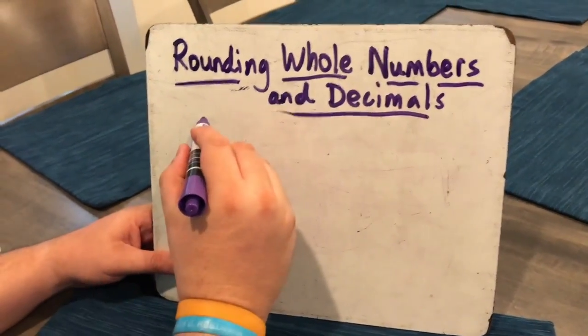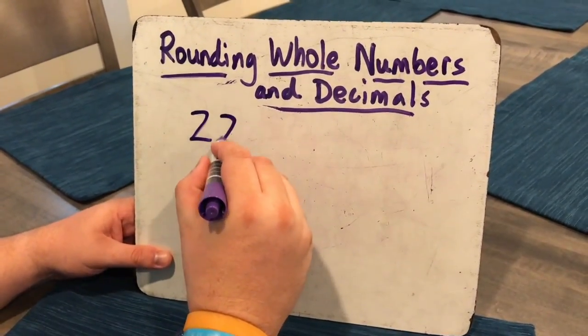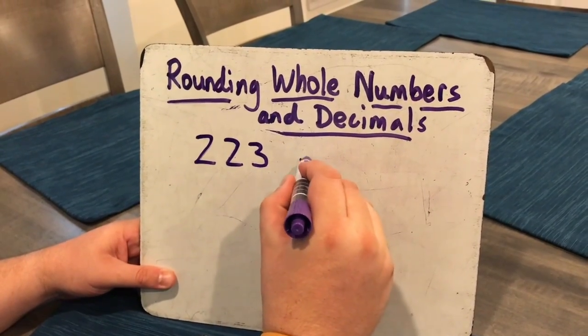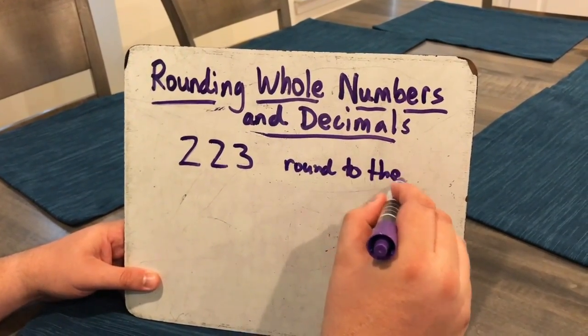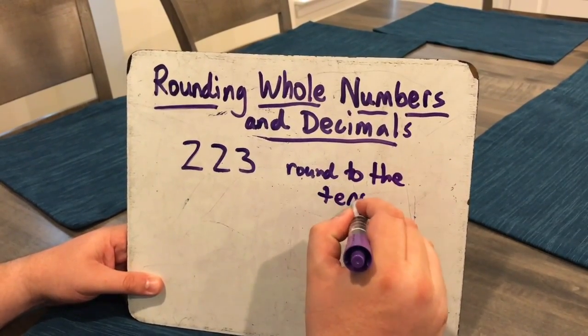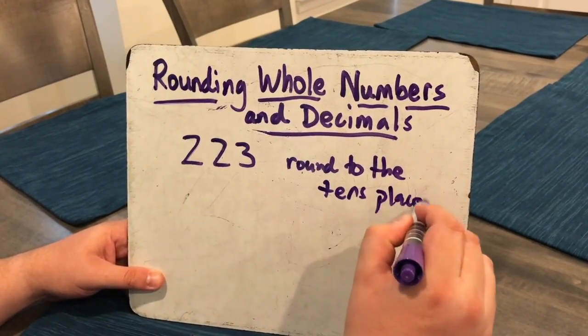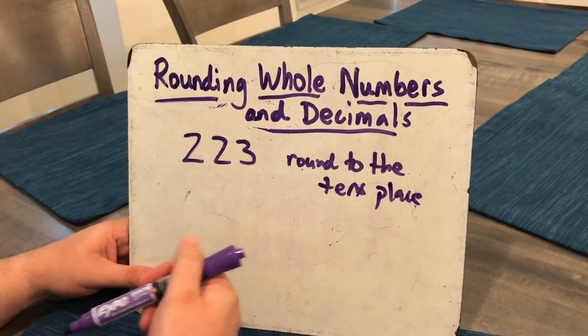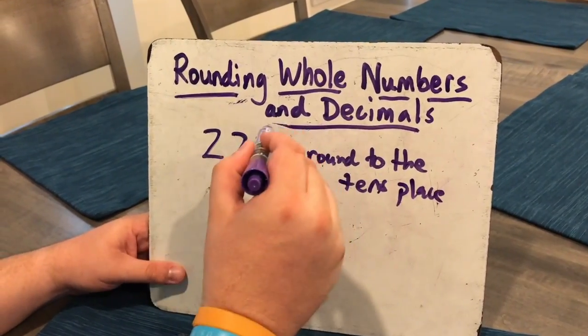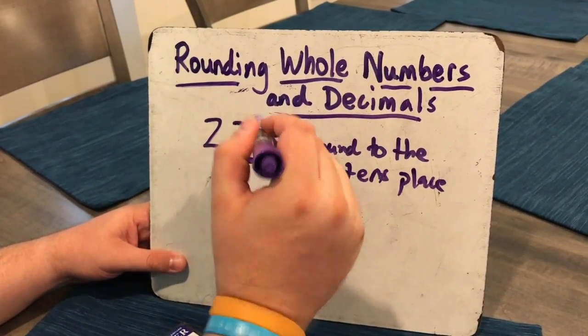Okay, let's say I have 223, and I want to round to the tens place. Okay, so obviously I'm going to underline the number of the place it's talking about. There's the tens place. Circle the number next door.